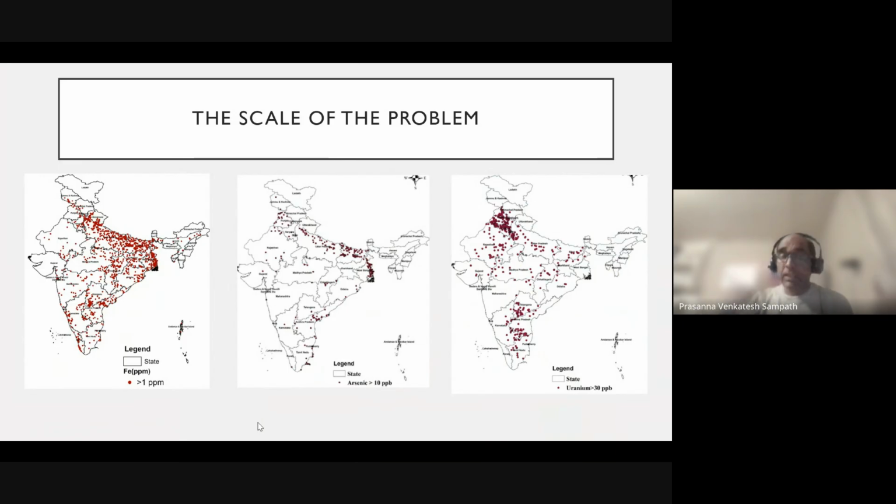Now, what people say is that this is due to the specific geology in this region, where you have very fine grained sediments because it's an alluvial aquifer and so on. So the geology is conducive for the mobilization of arsenic, right?